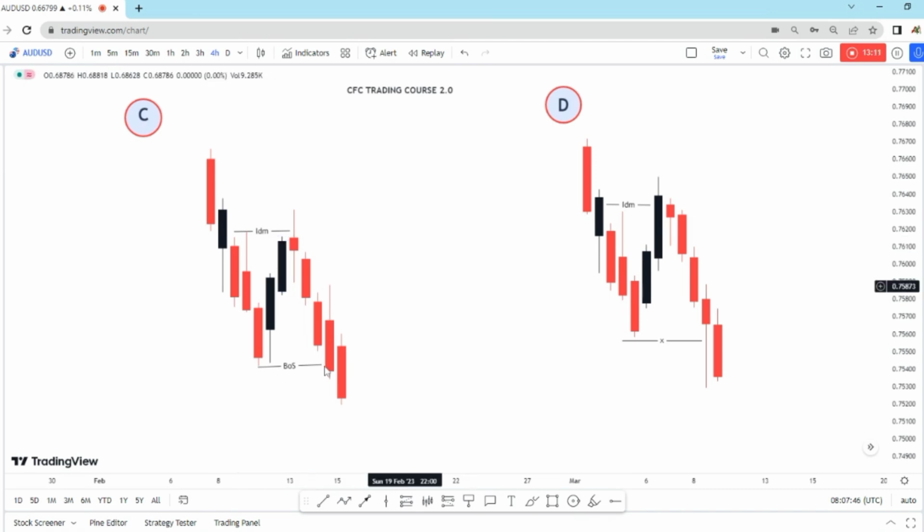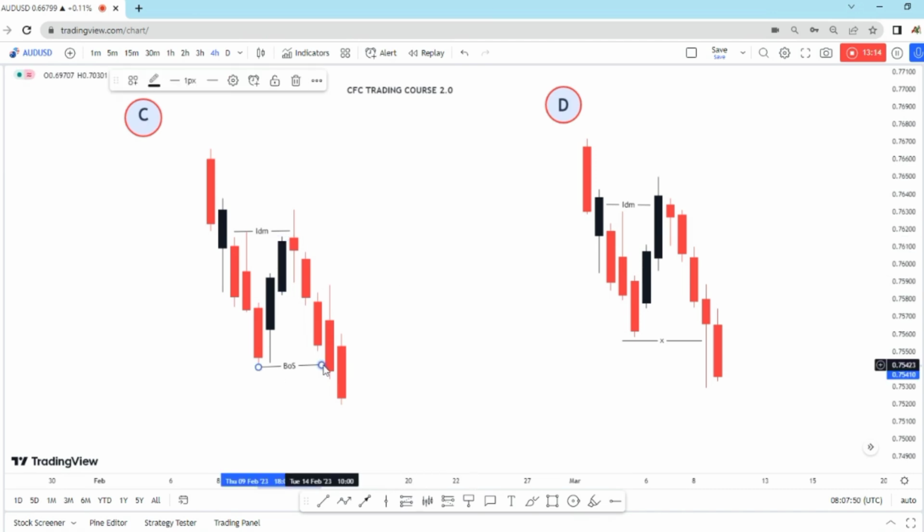A break of structure confirms this particular high to be a valid high. If price breaks this structure, the candlestick needs to close beneath this particular structure before it can be a break of structure. In this case, our next inducement leg is this particular high here.